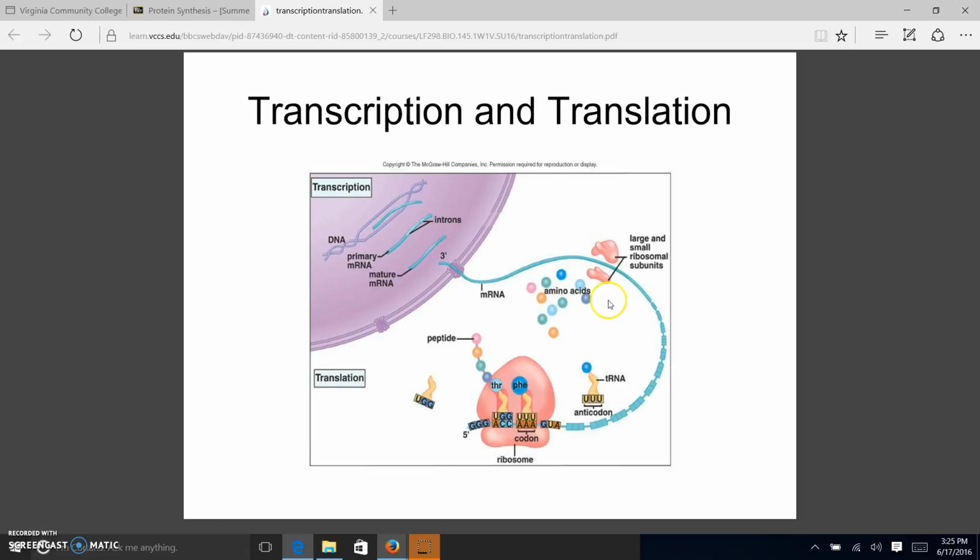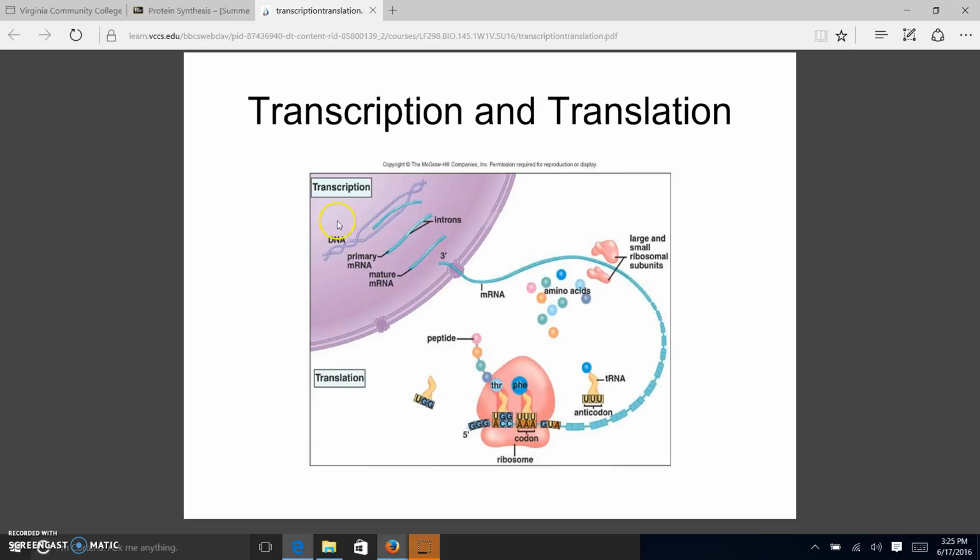We will go a little bit more into that on another quick explanation, but for right now, I want you to see this. Now, where did that messenger RNA come from? Well, it came from reading the DNA, and we're going to look at how it reads it in a minute.